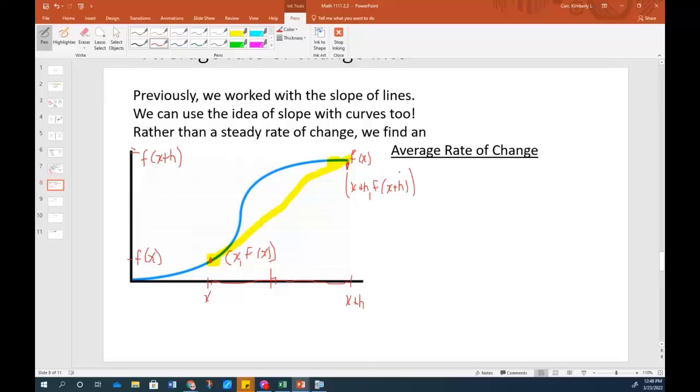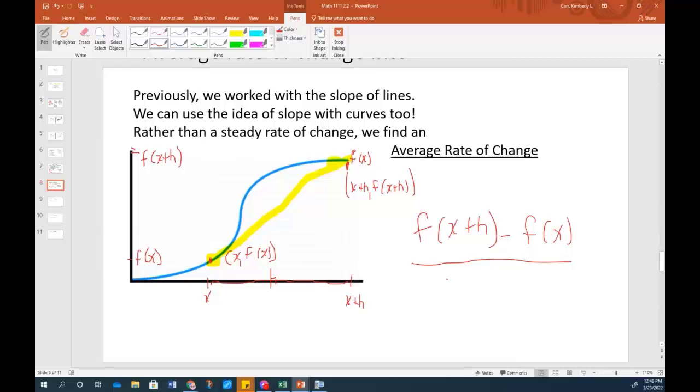So now if we want to apply the slope formula, it's y2. Well, what was my second y value? f of x plus h. Minus y1. What was my first y value? f of x.